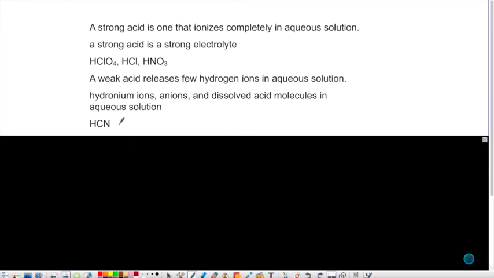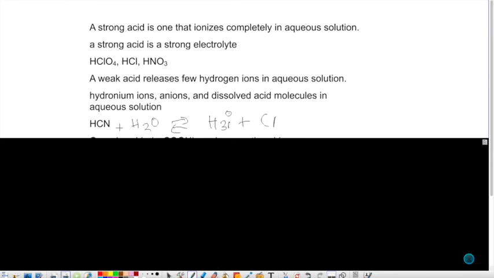So when HCN reacts with water, I'm going to transfer the proton over because I'm saying that this is acting as an acid to make H3O plus and the anion CN minus.